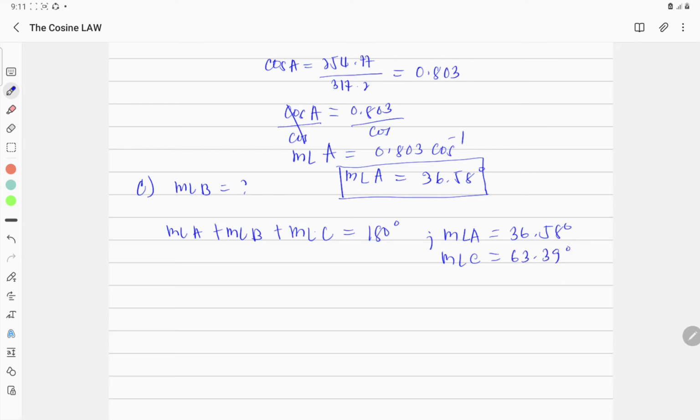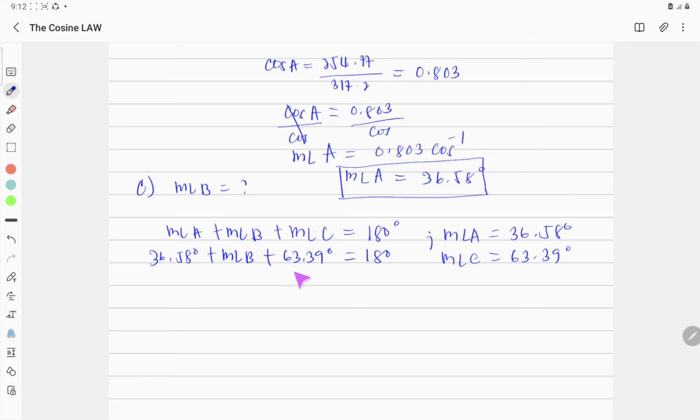We substitute: 36.58 degrees plus measure of angle B plus 63.39 degrees equals 180.